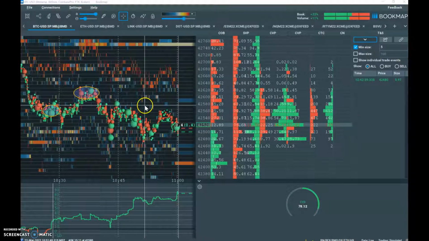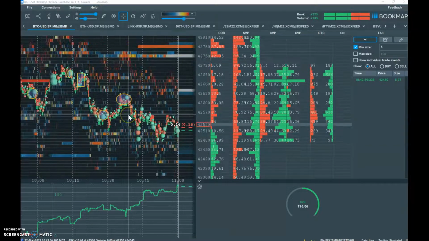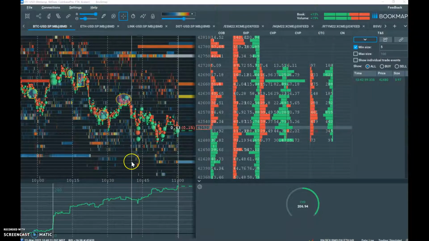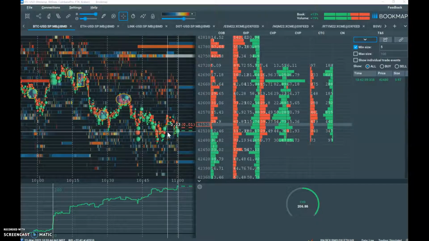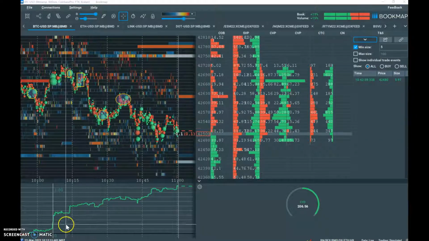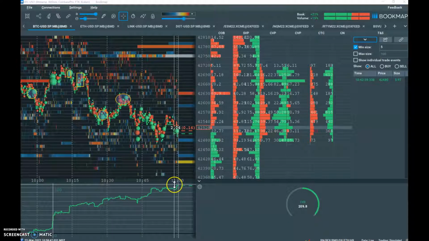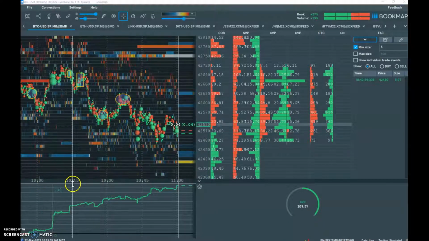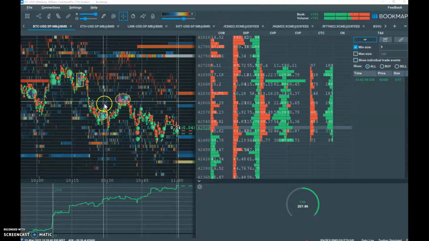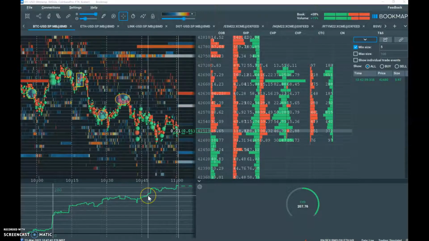So again, we spoke about looking for divergences, or differences, between the aggressive buyers and the price action. Here we have aggressive buyers for basically the last hour, yet we've actually seen price coming down despite that aggressive buying.